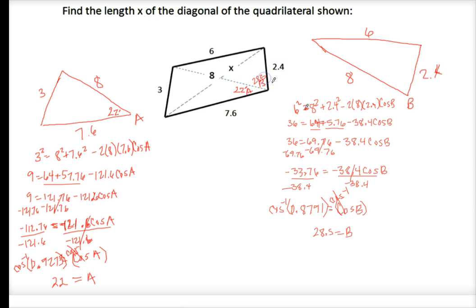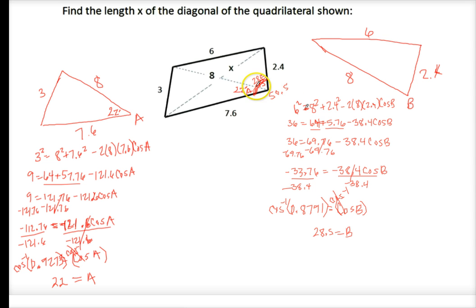So far we know A is 22 and B is 28.5. So together, if I add 28.5 and 22, I get 50.5. So this angle is 50.5.